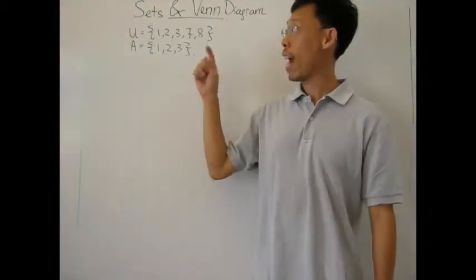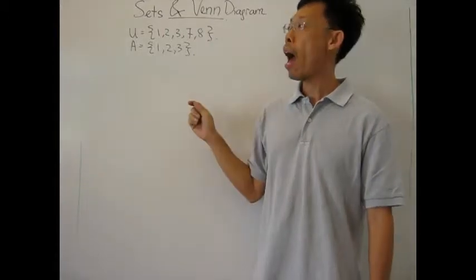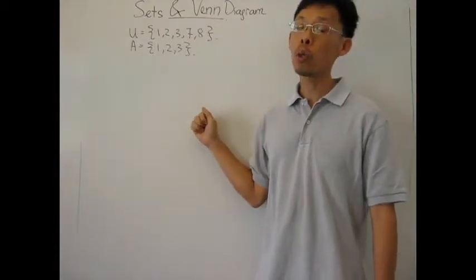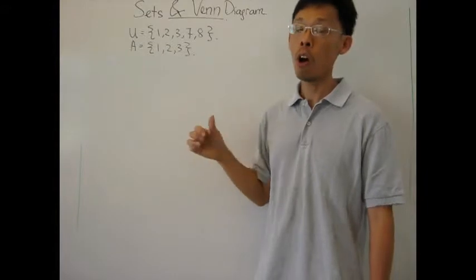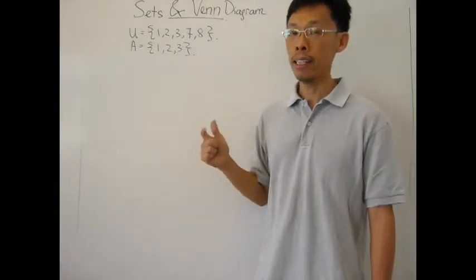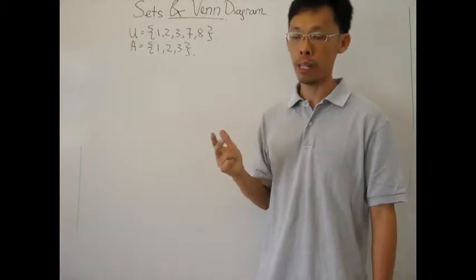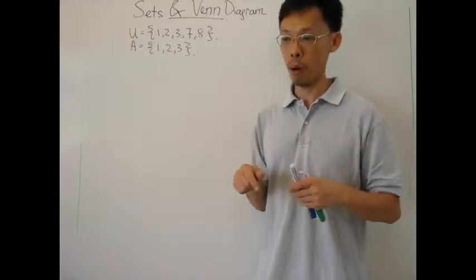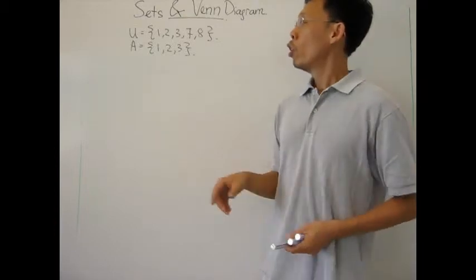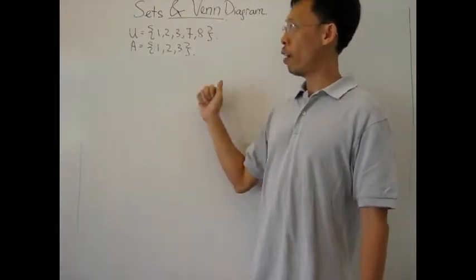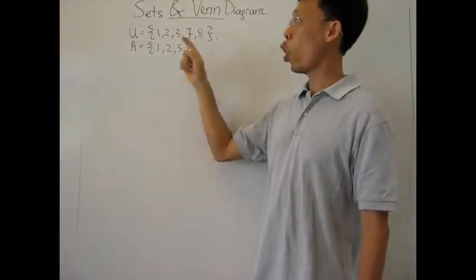Today we talk about sets and Venn diagrams, and we will also look at a few concepts called the complement of a set, the intersection of two sets, and the union of two sets, and their Venn diagrams. Okay, so let's say we have a set called the universe.